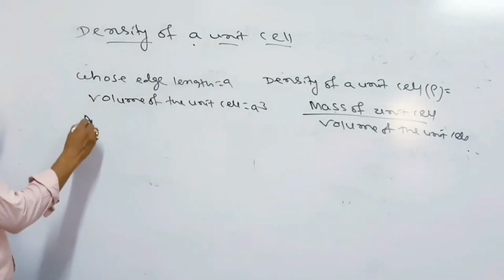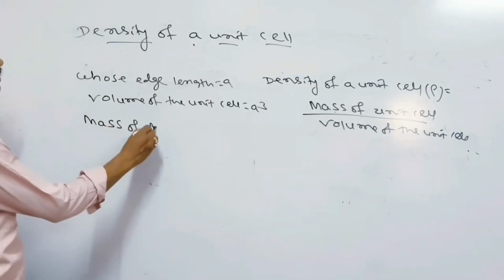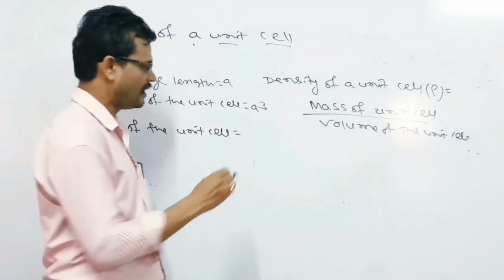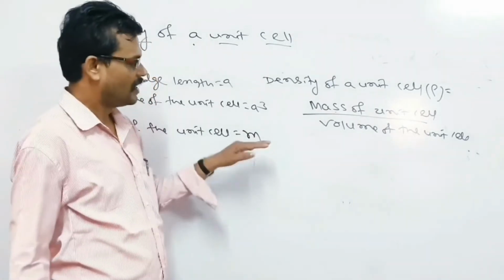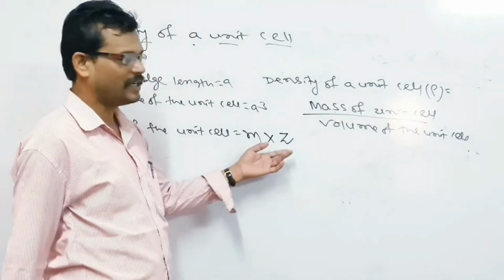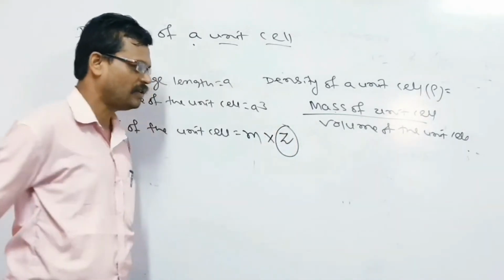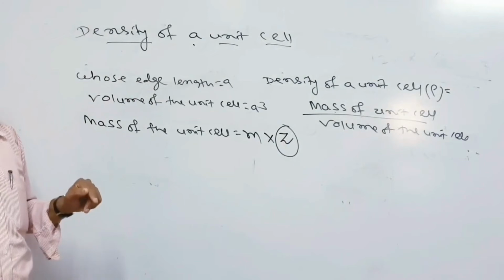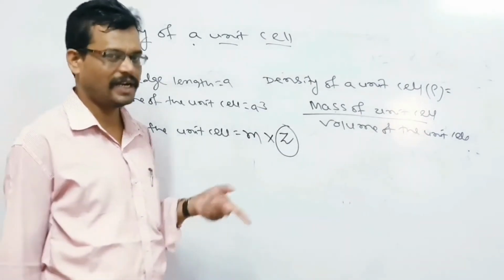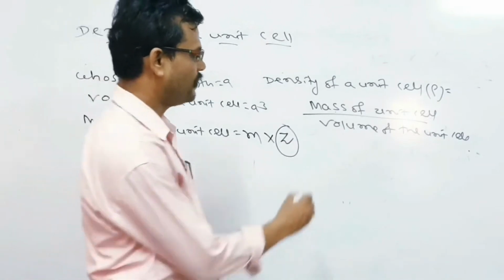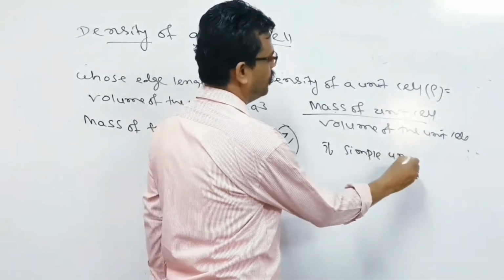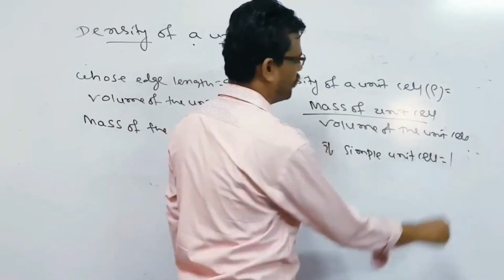What is the mass of the unit cell? Mass of the unit cell equals the mass of that particular atom, let us say small m, multiplied by z. What is z here? You previously learned three types of unit cell: simple unit cell, body centered unit cell and face centered unit cell. If it is a simple unit cell, the number of atoms z is equal to 1.